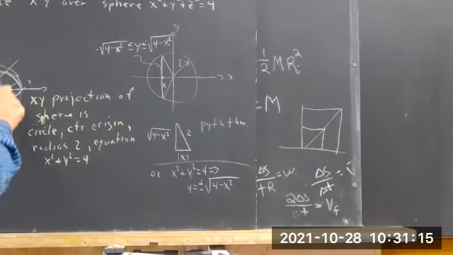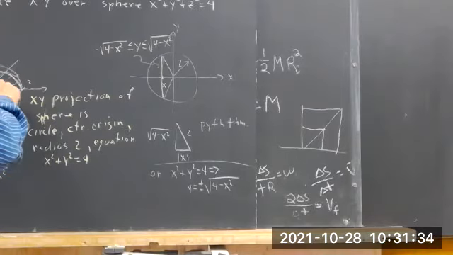So let's say here's the segment above (x, y) in the xy plane. It intersects the sphere above, and intersects the sphere below. Well, we can do something similar to what we did before. I'm going to draw a point here.